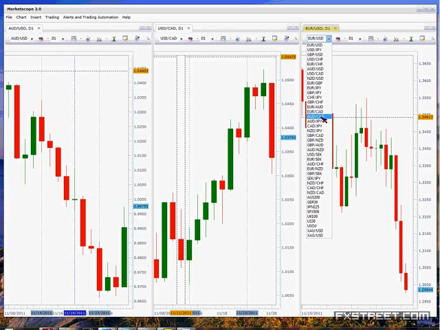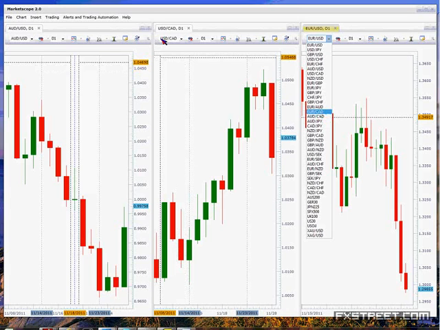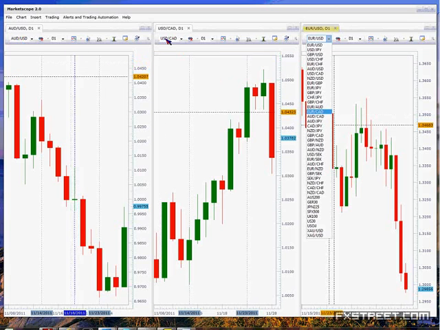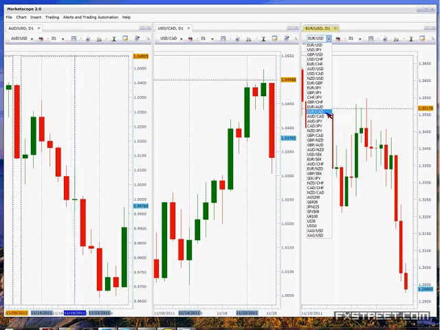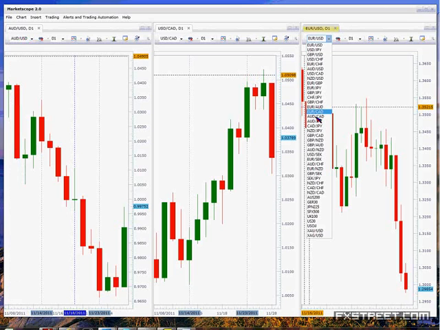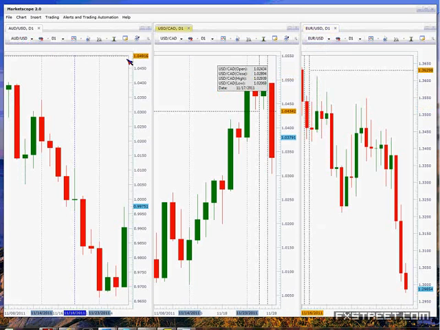If the CAD is to the right of Aussie CAD and the CAD is to the right of US CAD, ignoring Aussie US, it's parallel. USD CAD is a parallel pair to Aussie CAD, and Aussie US is also a parallel pair to Aussie CAD. Okay, so these are both parallel pairs in this case as well.